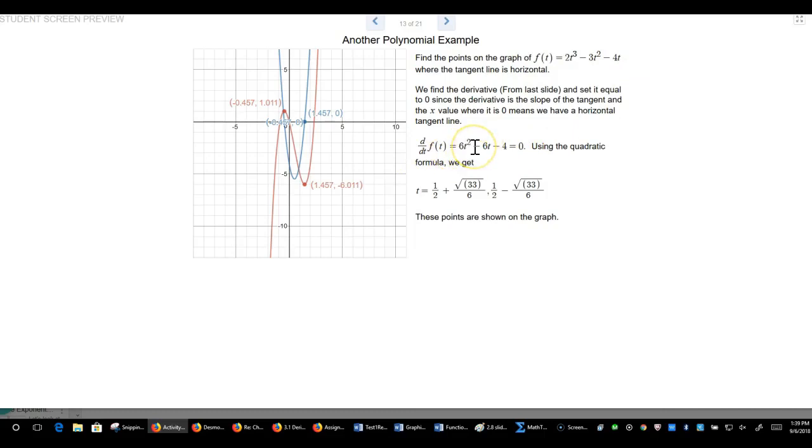And then just going back to algebra, using the quadratic formula, these are the zeros of that function. And so you can see the derivative is this parabola, and where the zeros are. And those correspond to the x values for this local max and local min on the original function.